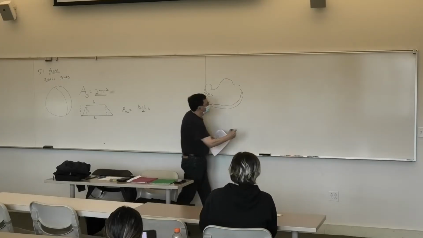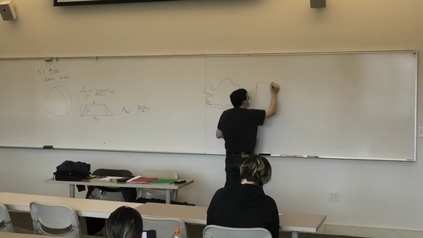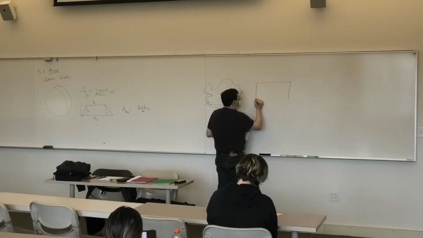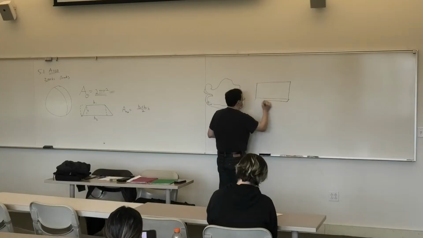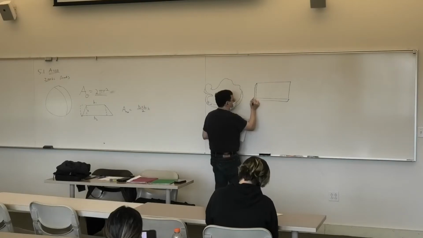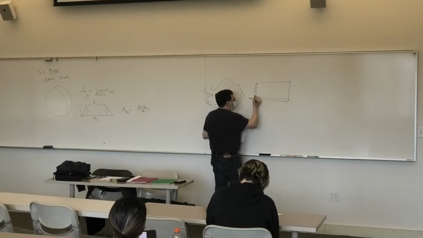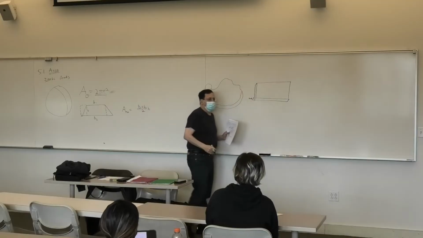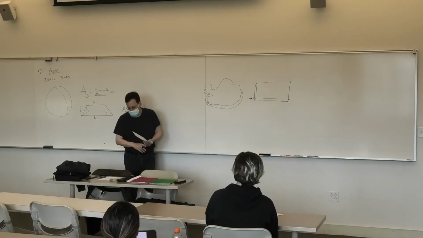And then you transfer the liquid to some other dish that also happens to have the liquid at 1 inch. And now we have a rectangle, and we can figure out the area from that.